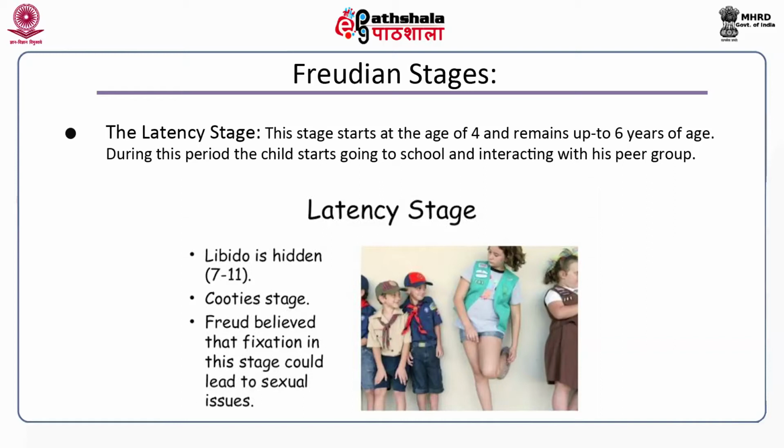Though the sexual energy is present, it is actually diverted towards understanding the basics of the environment and social interactions. During this stage, traits like self-confidence, social and communication skills are developed.